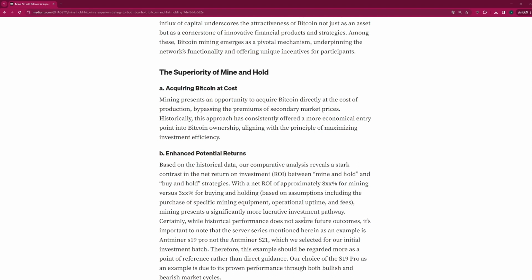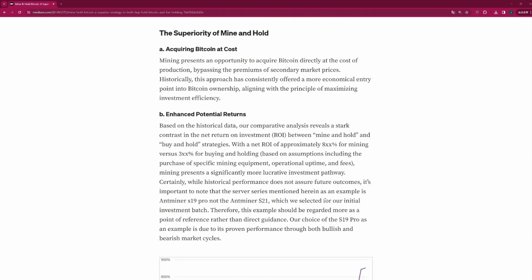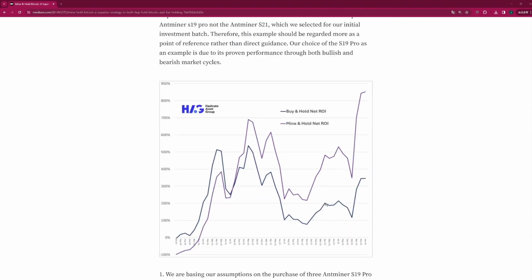And the second advantage is potential enhanced returns. We do some calculations and collect some market raw data. We're taking the S19 Pro as our example.